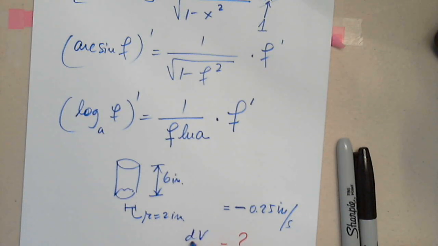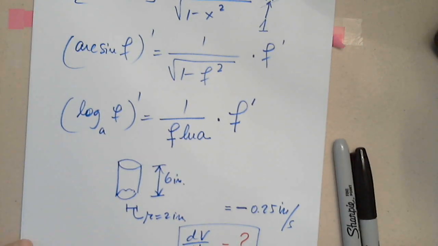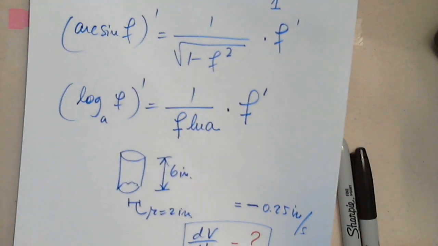Yes, so we are asked to find dV over dt at a particular instant when the rate of change of the height is negative 0.25 inches per second. So this is the question. As the volume's changing, we want to see when it's changing at the negative 0.25.